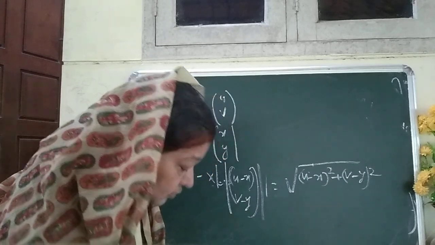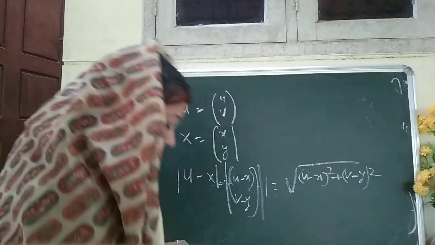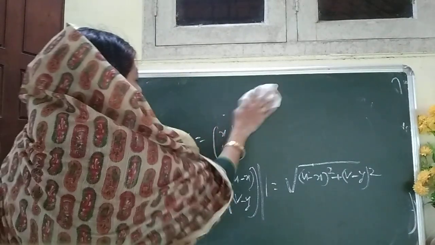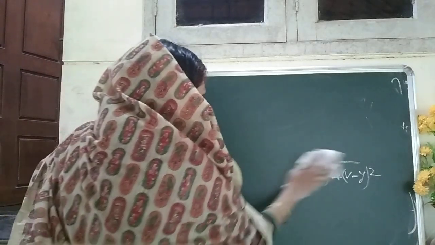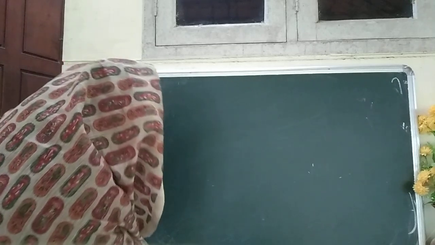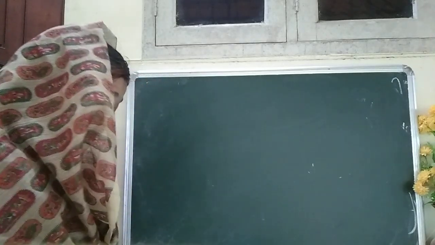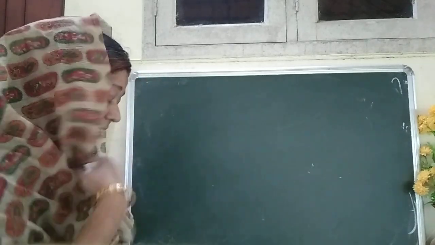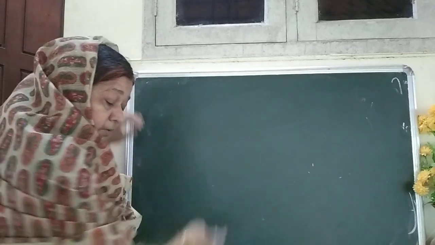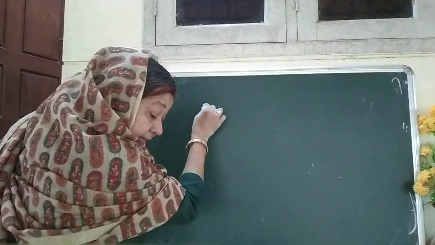Then we come on to this. You can see that if V is any point, you can show that V is any point joining u and x.